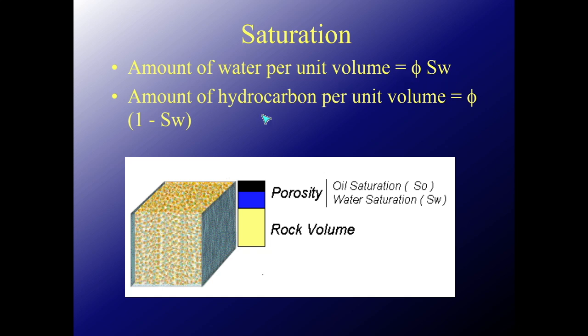And the amount of hydrocarbon, or we say oil, no problem, per unit volume equals phi times 1 minus S_W. Why? Who can answer this question? Why does the amount of hydrocarbon per unit volume equal this? We said phi is the porosity, which is the space ratio, multiplied by 1 minus S_W.